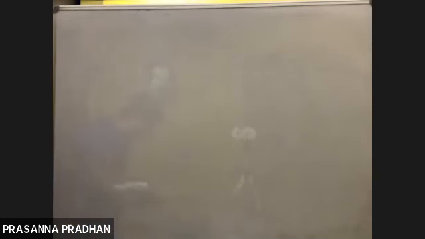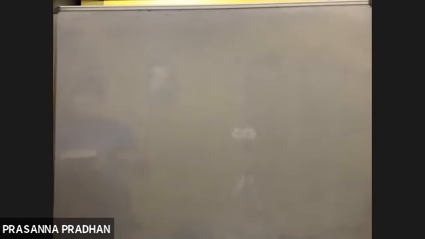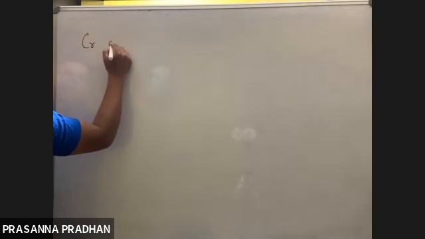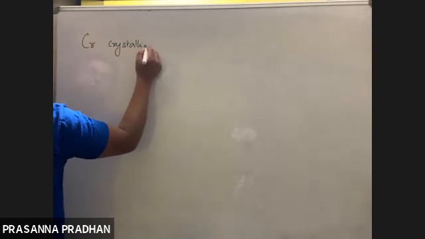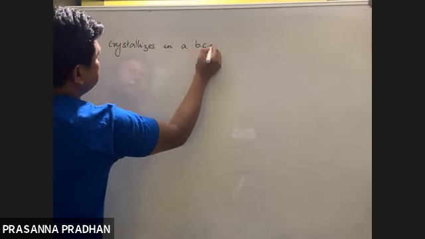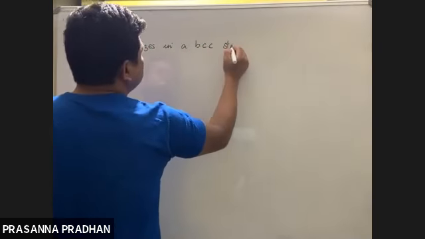Okay, so right now, chromium crystallizes. Chromium crystallizes in a BCC, body-centered cubic structure.